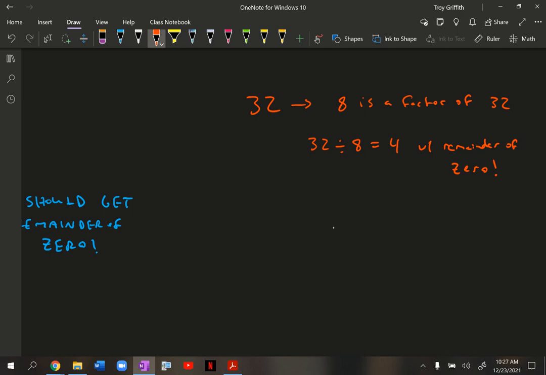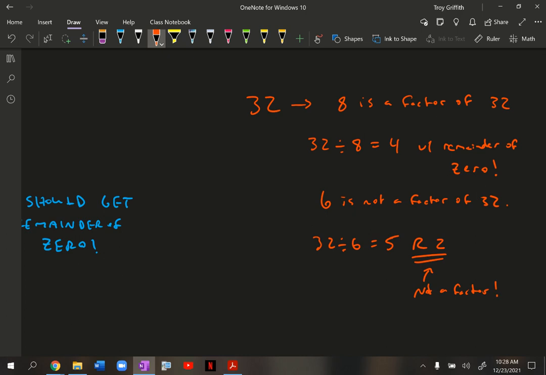For example, 6 is not a factor of 32. So if I divide 32 by 6, it goes into 32 5 times, but there's a remainder of 2 left over when I'm done. And since there's a remainder, it is not a factor.